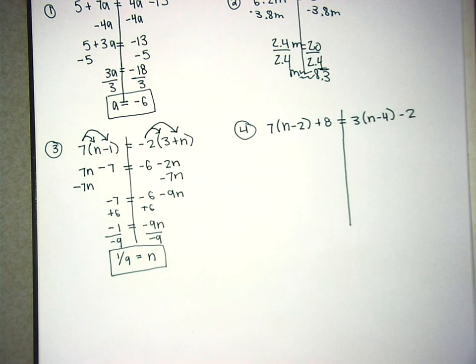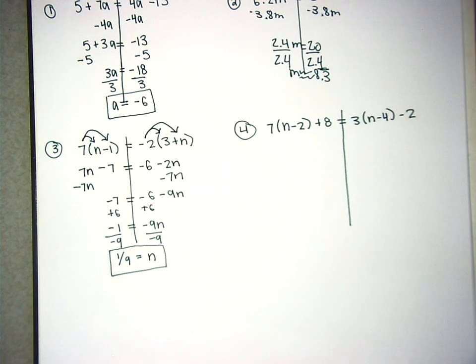What's the answer on the side? The answer is negative 8/10, or you could simplify it to negative 4/5, or negative 0.8. Negative 2 as well. Did I write it wrong?